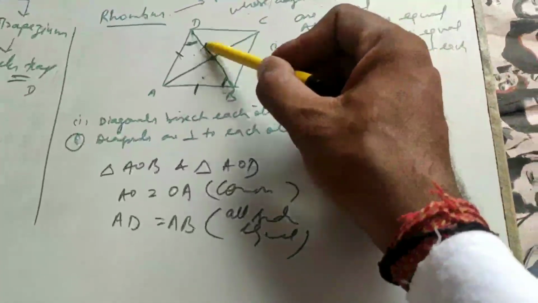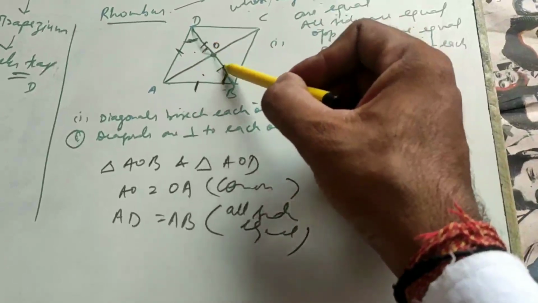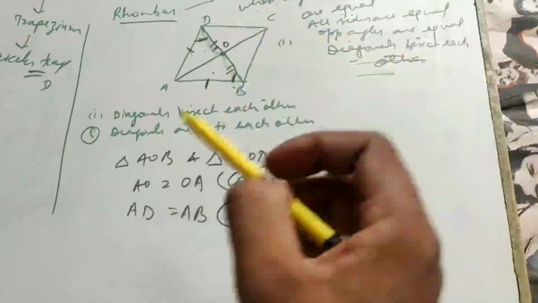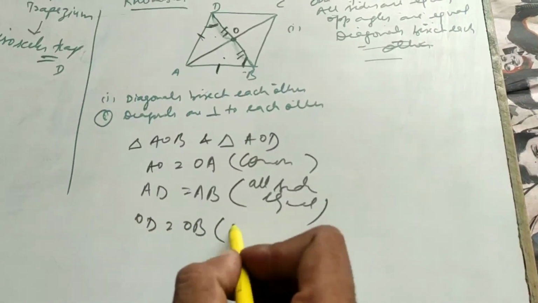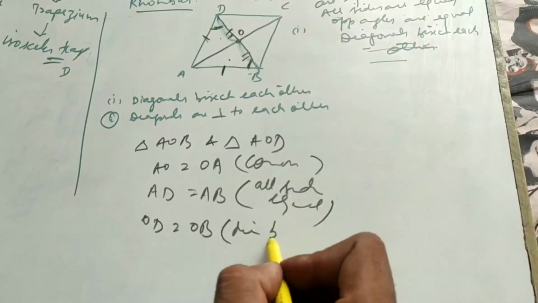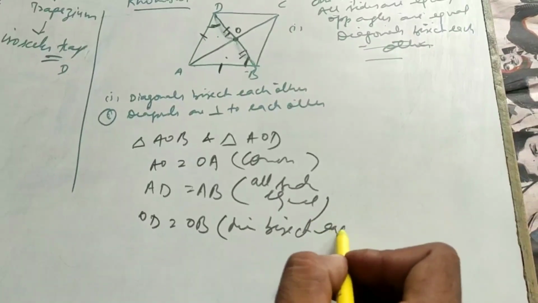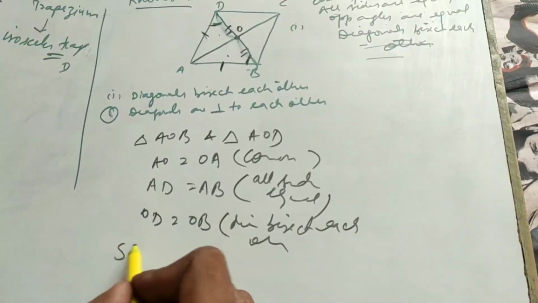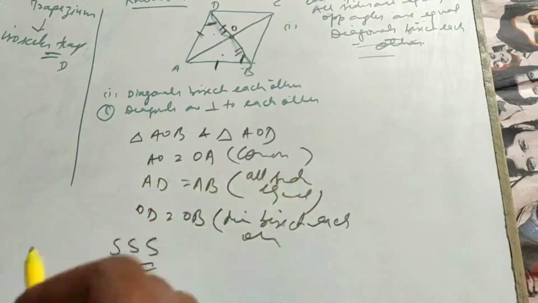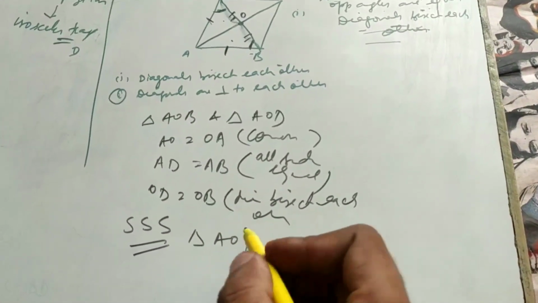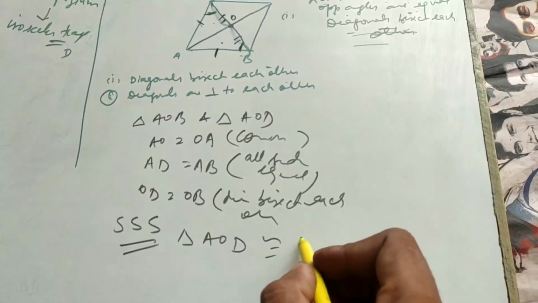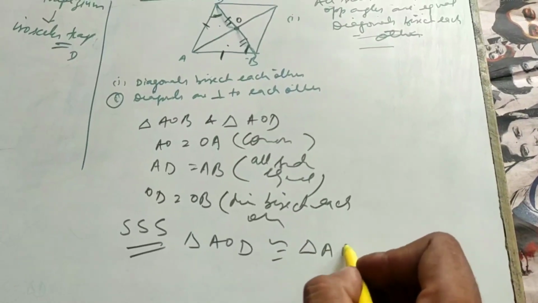Another thing we can use is that OD is equal to OB, because the diagonals bisect each other. So by SSS, triangle AOD will be congruent to triangle AOB.